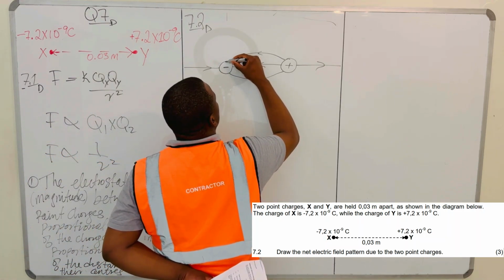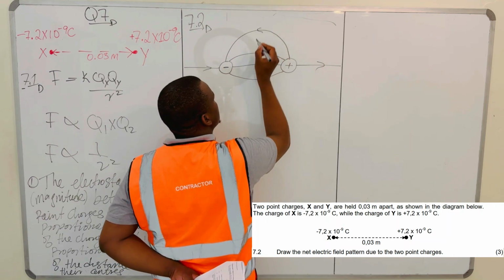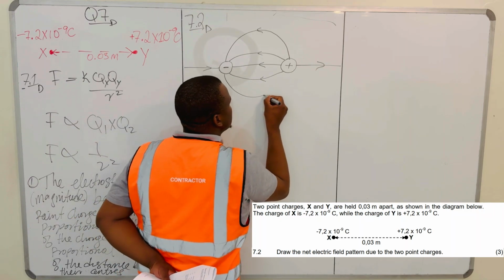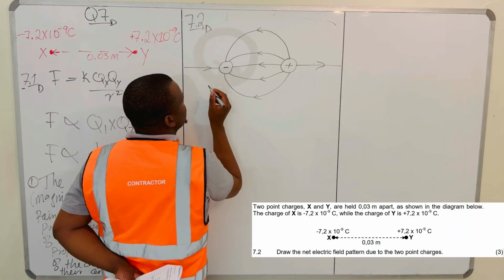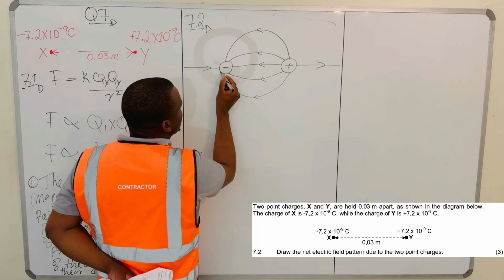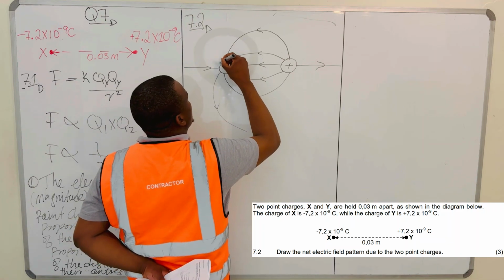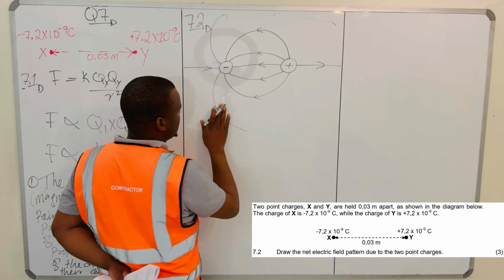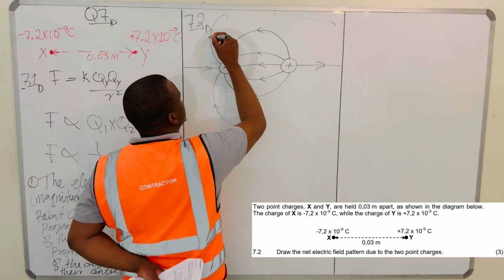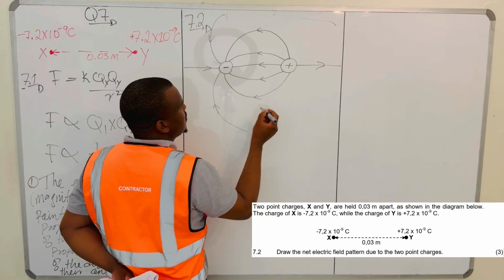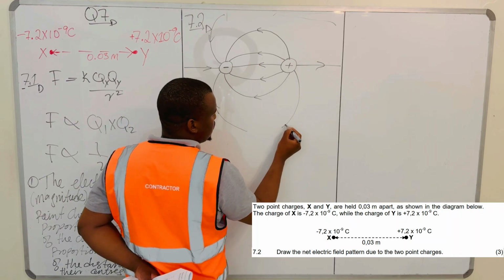You can have one going down here, same direction, this way. You can have others coming in, and they are coming out of this positive one.